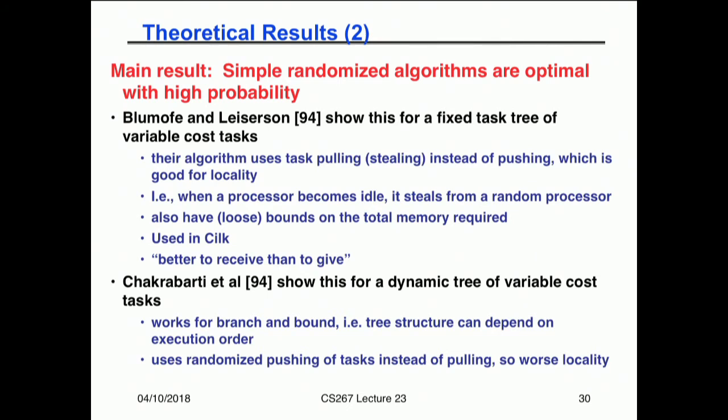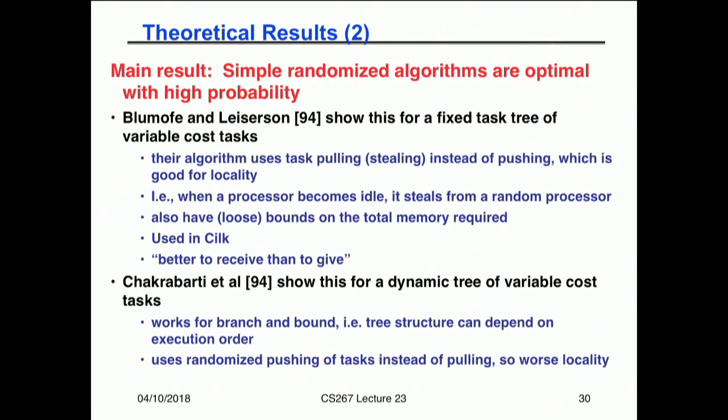What they say is that simple randomized load balancing is also optimal where the task costs have variable size. So now we don't have a tree with equal size balls, we have these bins with variable size balls in them. We're still relying on that basic theory result. They're doing task pulling, which they implemented in a system called Cilk, and they say it's better to receive than to give, right?